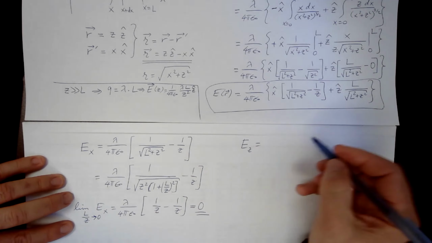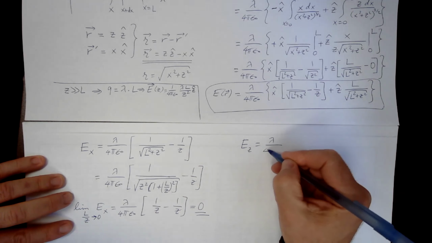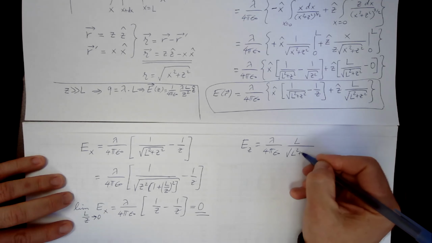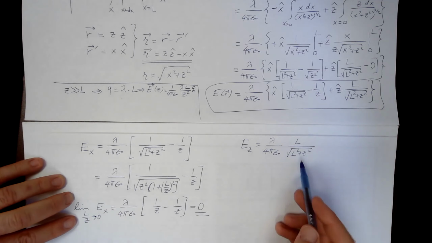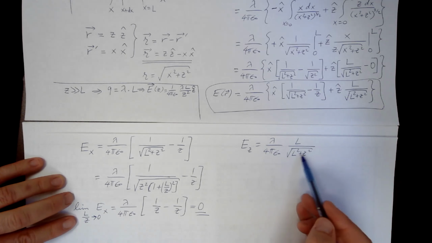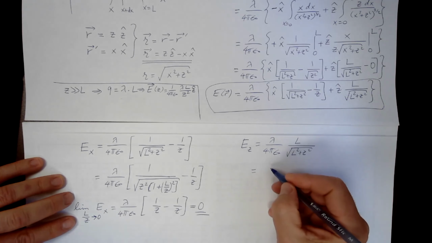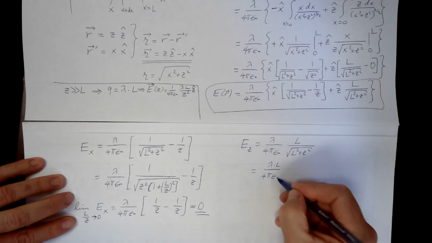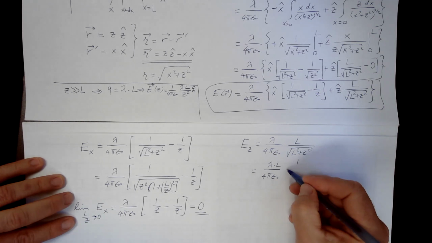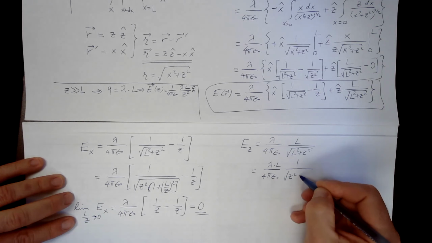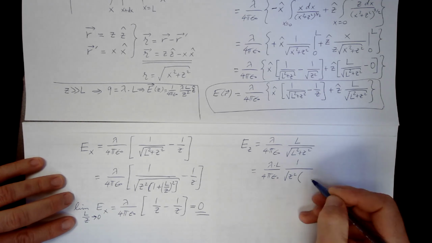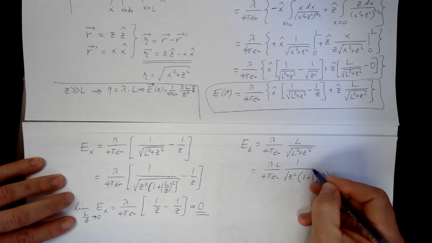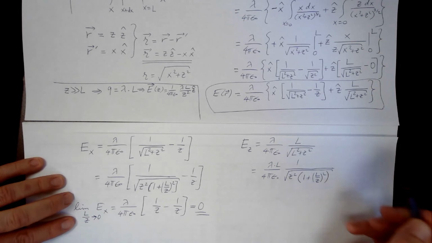So E_z is lambda over 4 pi epsilon naught L over square root of L squared plus z squared. Well, it's a similar thing, right? I can do the same factorization here and write this as lambda times L over 4 pi epsilon naught, and then 1 over square root of z squared times (1 plus L over z) quantity squared, all under square root.